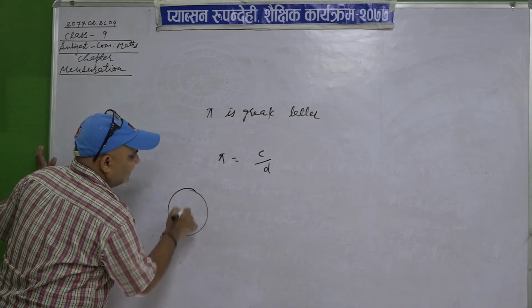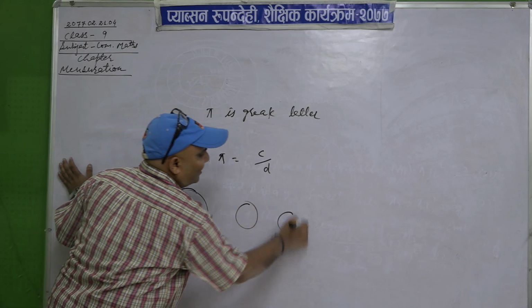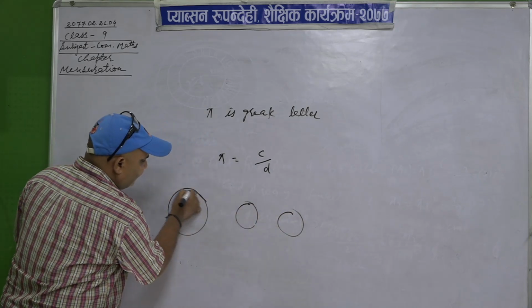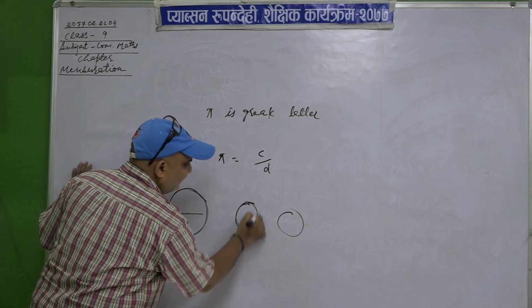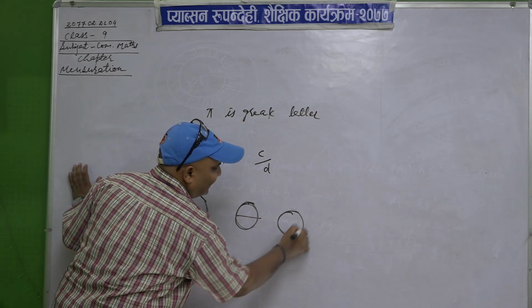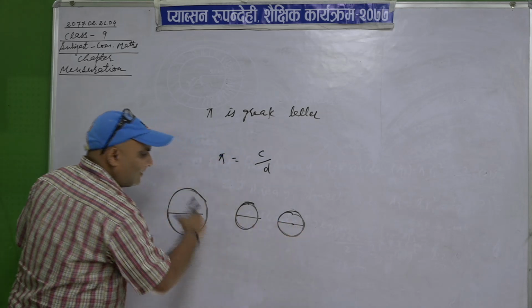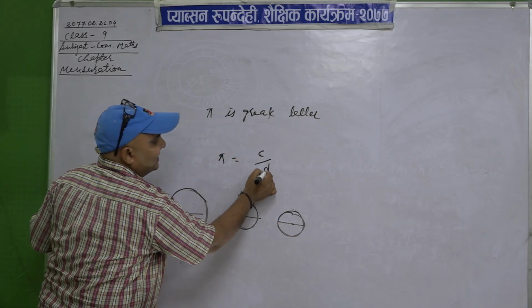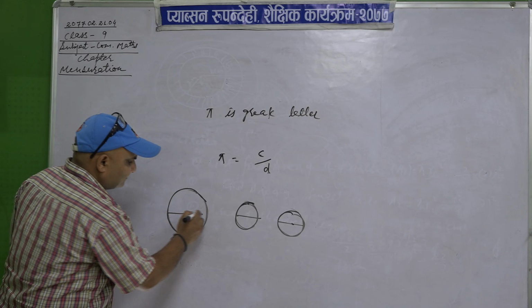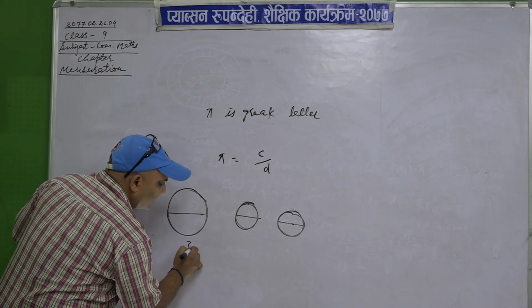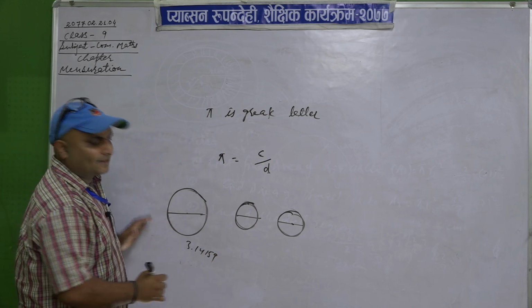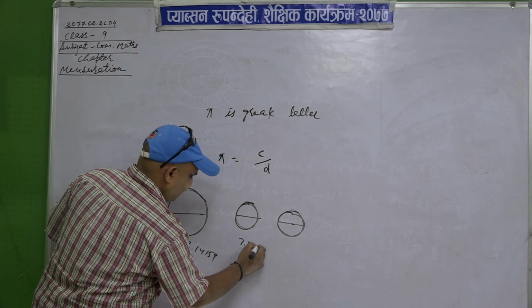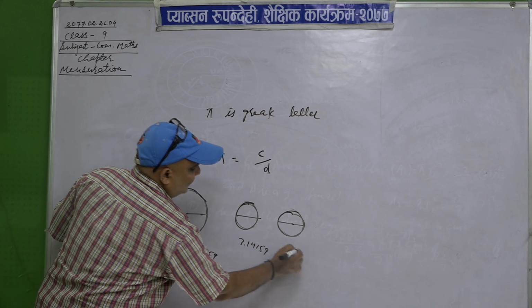Either the circle is big or small, if we find the circumference and the diameter and find their ratio, we will get the same result, 3.14159, in every circle.